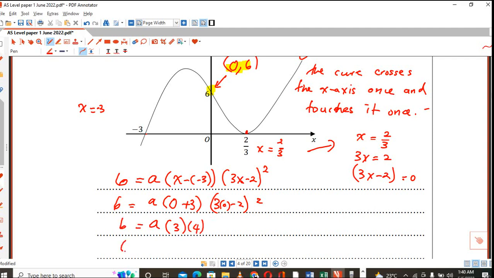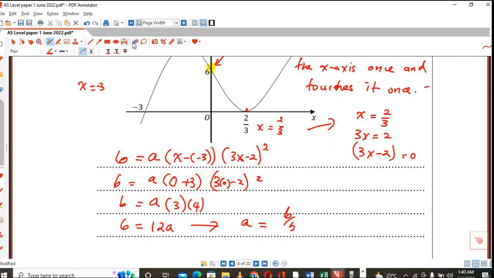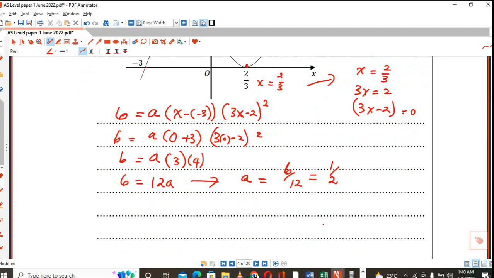Yeah, so 6 equals 12a. So this gives you a equals 6 over 12. That 6 over 12 looks very interesting. Let's just clean that up nicely. So it's 6 over 12, which is a half.